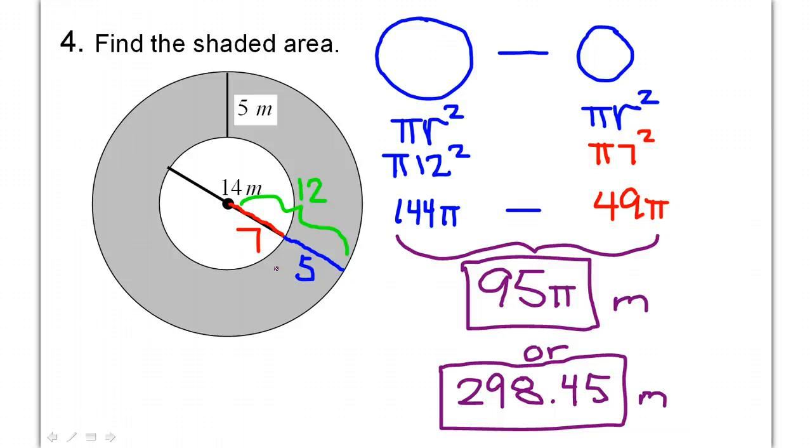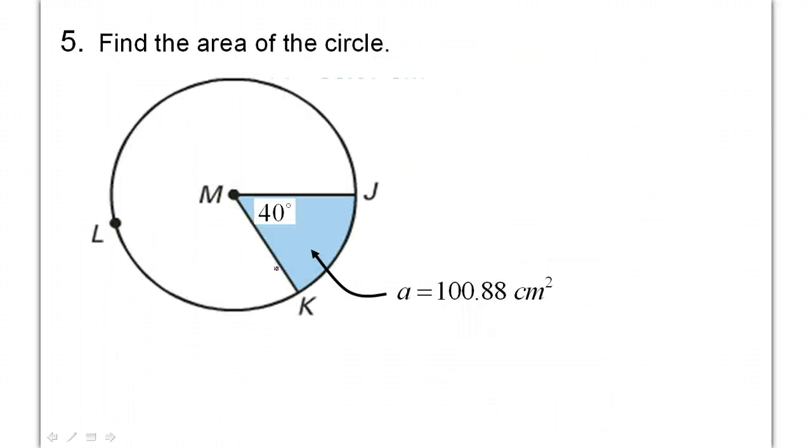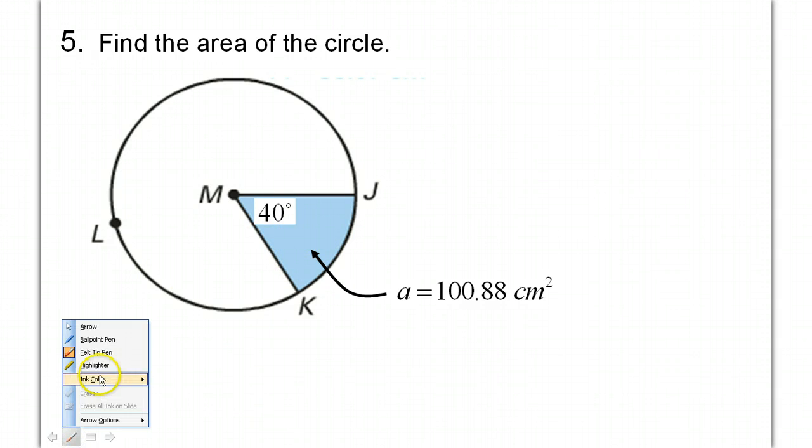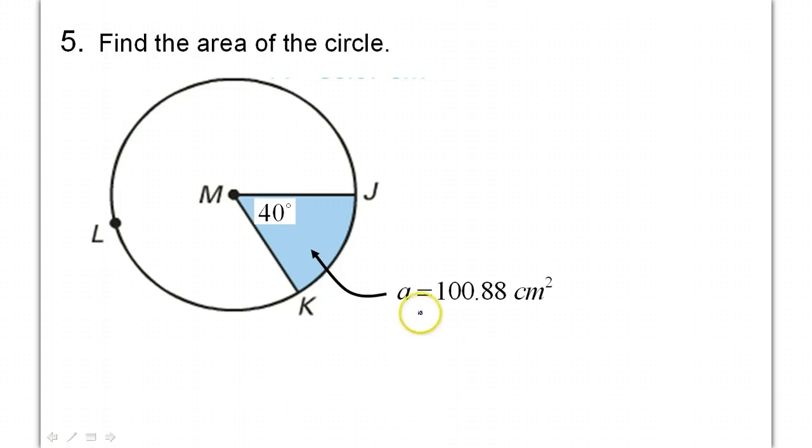Okay, let's take a look at number 5. As soon as I see that I'm dealing with a sector, right away I'm thinking part over whole equals part over whole. So let's get it going. This time we have the degrees, so let's start off with that. That's the easy part. 40 over 360, of course.